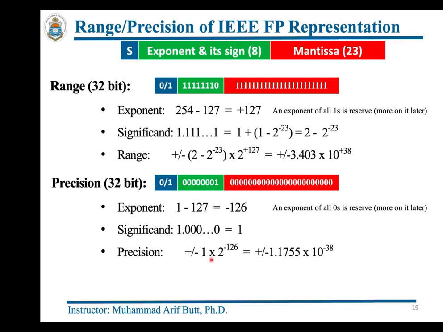So the smallest fractional number that can come in 32-bit floating point representation is plus minus 1 times 2 raised to power minus 126, or 1.1755 times 10 raised to power minus 38.